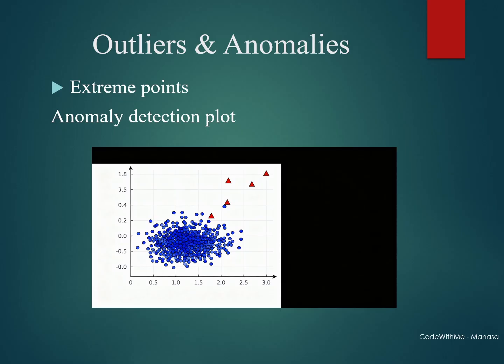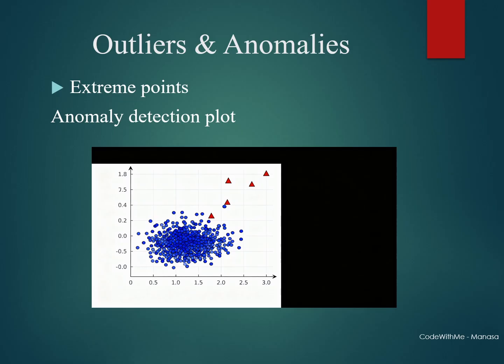So that 140 is an outlier for a 20 to 50 dataset. So outliers are extreme points, so they differ from the normal pattern. Anomalies can indicate fraud, errors, unexpected behavior, rare events. So detecting anomalies early is a crucial stage in finance, cybersecurity, and quality control.